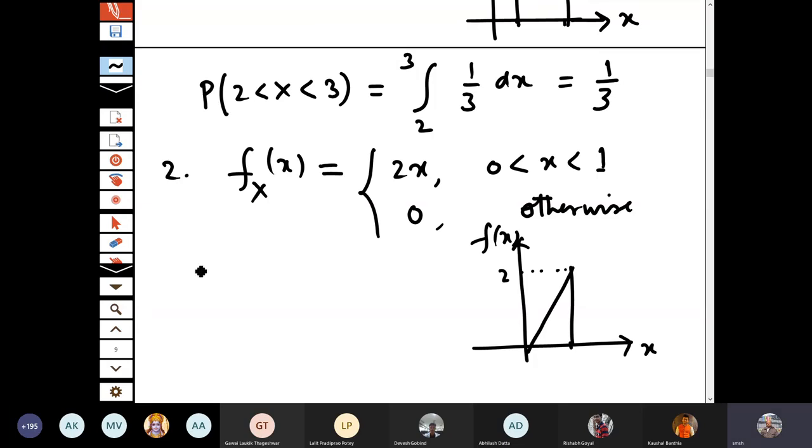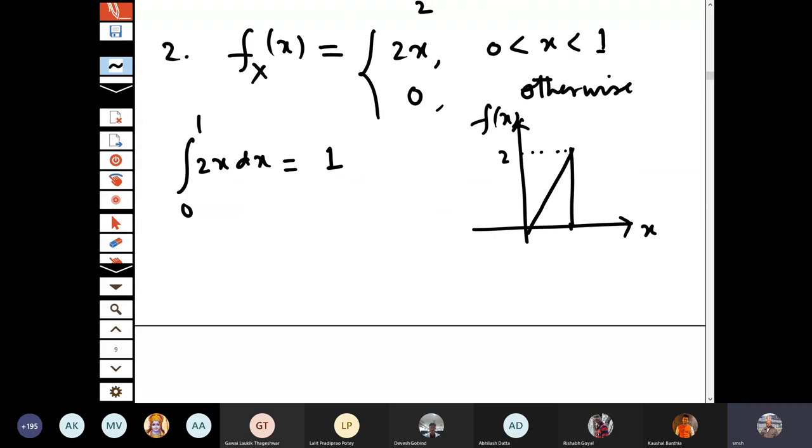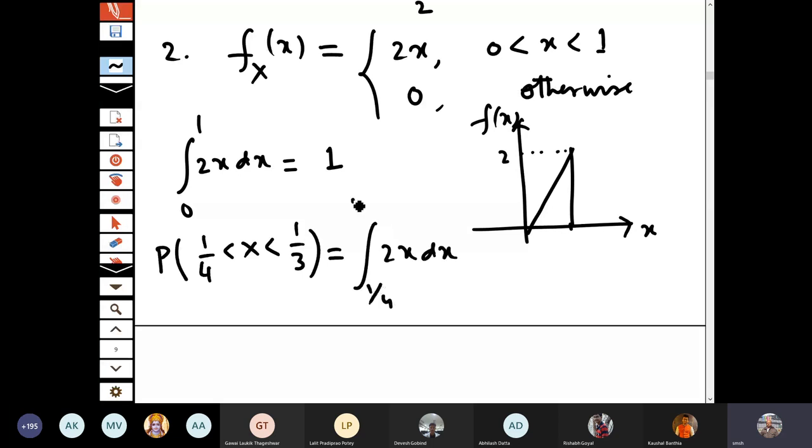If you consider the integral of 2x, it is equal to 1. It is a non-negative function. If I want to calculate the probability of an interval, suppose I say what is the probability 1 by 4 less than x less than 1 by 3, then it is the integral of 2x dx over 1 by 4 to 1 by 3, that is equal to 1 by 9 minus 1 by 16, that is 7 by 144.